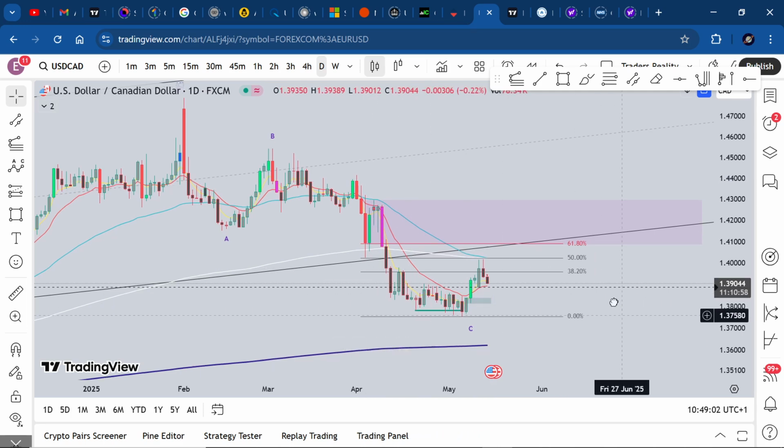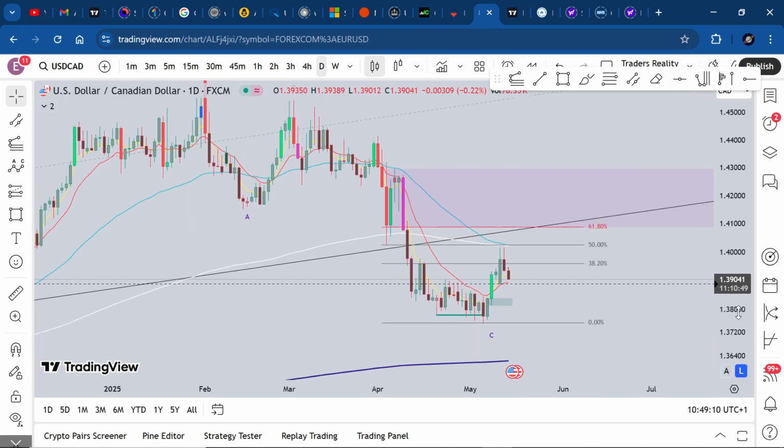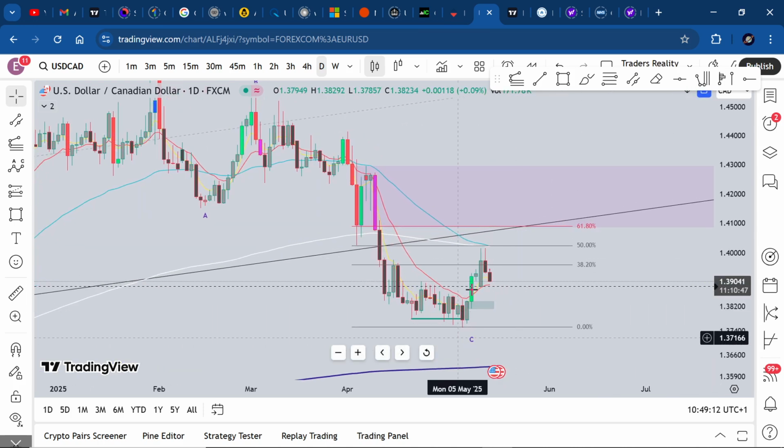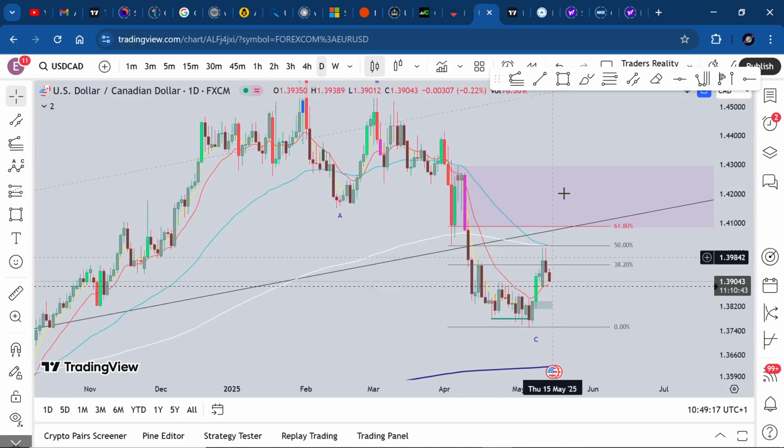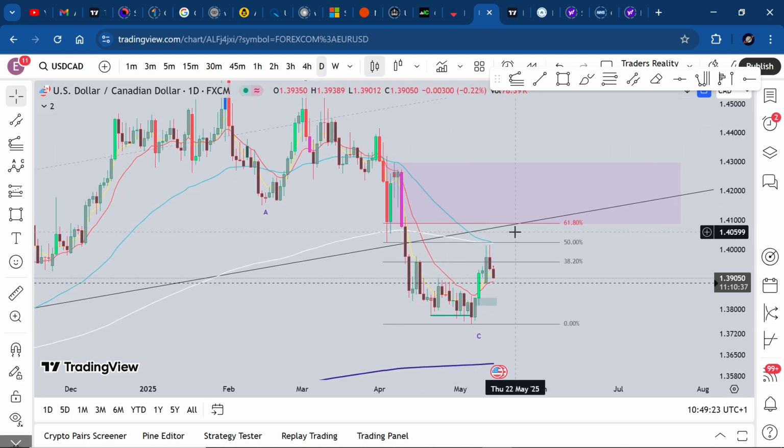Anyway, so let's just say here we have a potential of a 1, 2, 1, 2, 3, 4, 5, 4, 5. We have that potential, but I'm looking for a 1, 2, 3, or at least a move that's going to get us here. We got unmitigated supply zone that left an imbalance and a fair value gap.